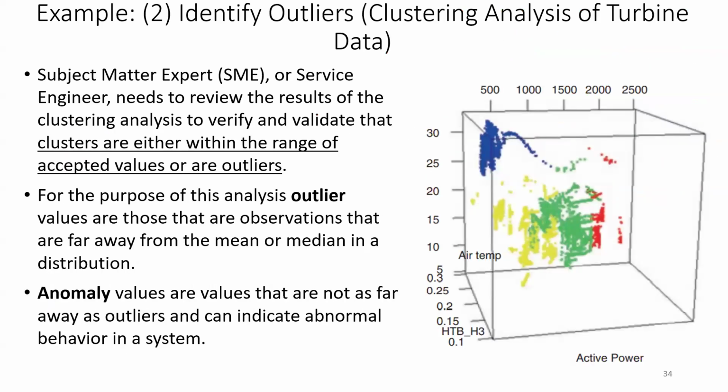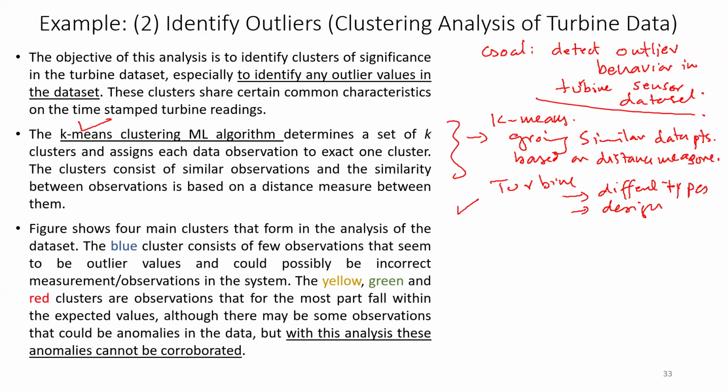Now you see we have these blue points, green, yellow, and red points. In this diagram, the blue clusters highlight the potential outliers, and these could be due to incorrect sensor readings or real anomalies. Yellow, green, and red clusters mostly represent expected behavior.